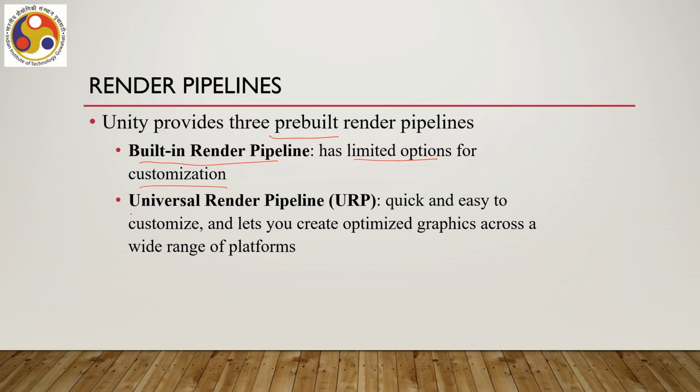Then Unity supports the universal render pipeline or URP. Now, this is a quick and easy way to customize and lets you create optimized graphics across a wide range of platforms. So, many stages are optimized, or optimization is taken care of by the pipeline implementation itself.